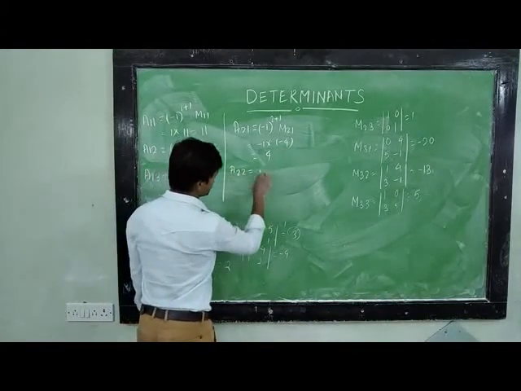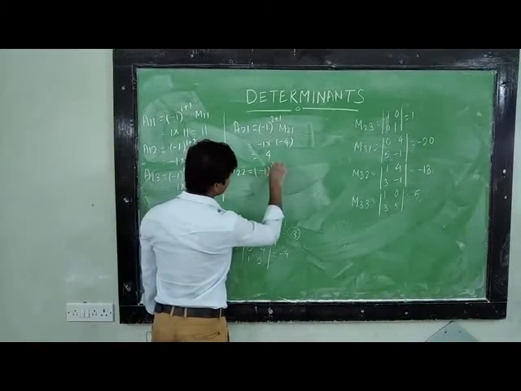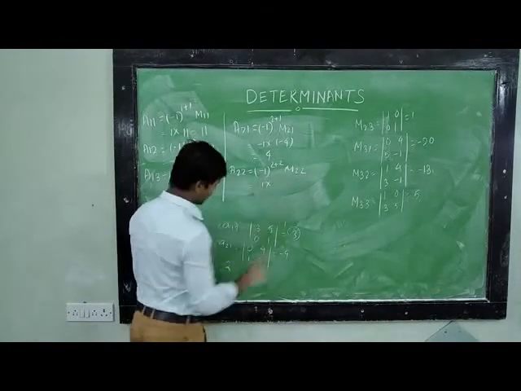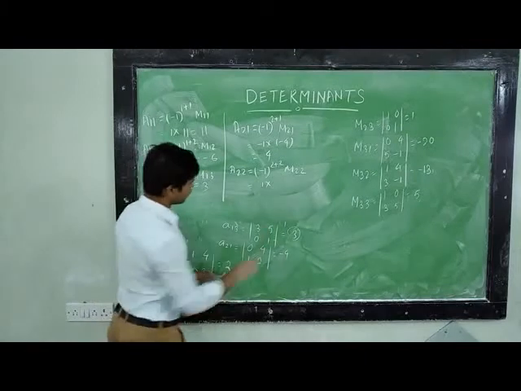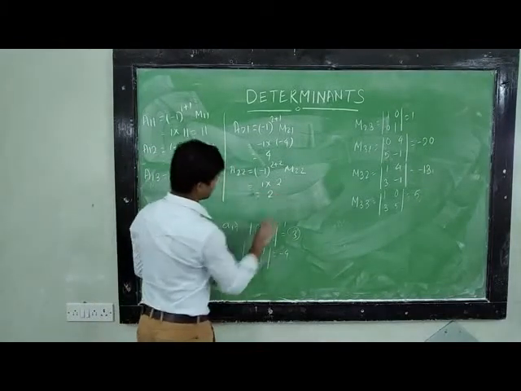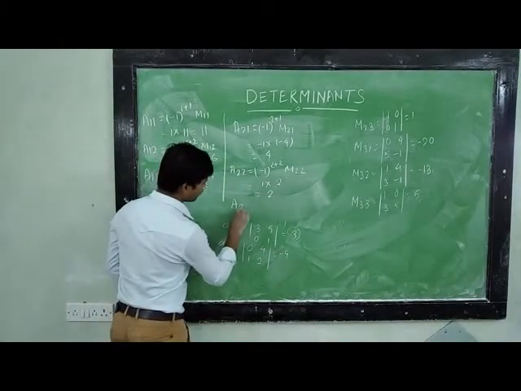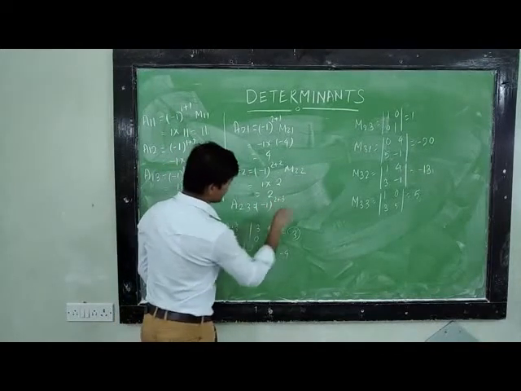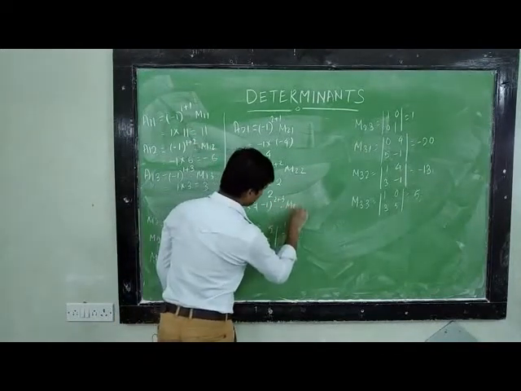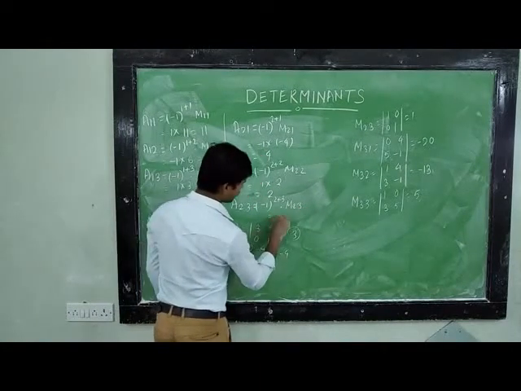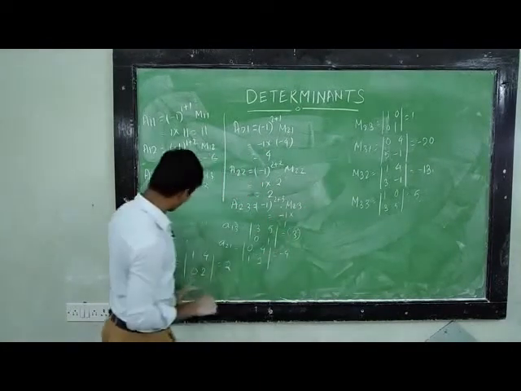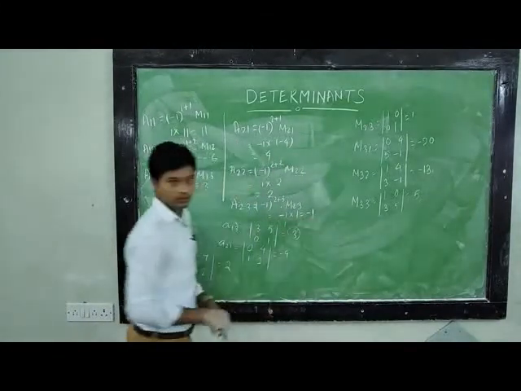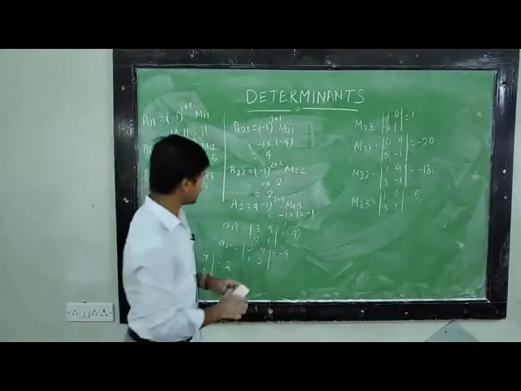A22, that is minus 1 whole to the power 2 plus 2 into M22, that is 1 into M22, which is equal to 2, so that is 2. And A23, that is minus 1 whole to the power 2 plus 3 into M23, so that is equal to minus 1 into M23. M23 is equal to 1, so that is minus 1. You are getting my point now?